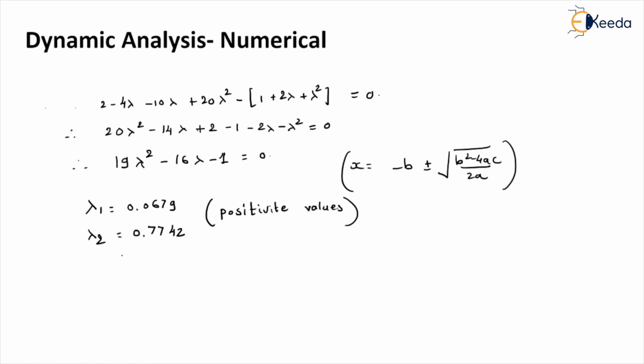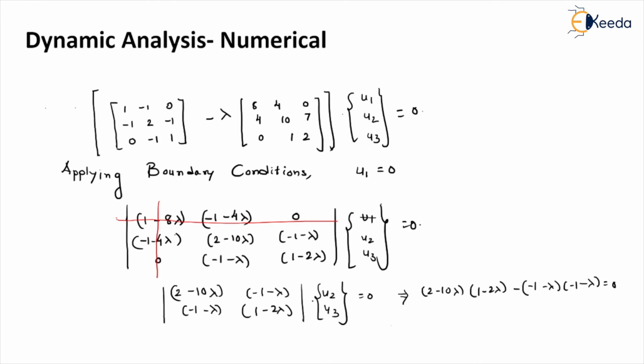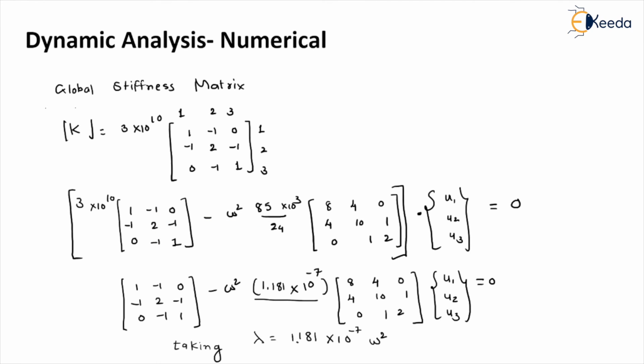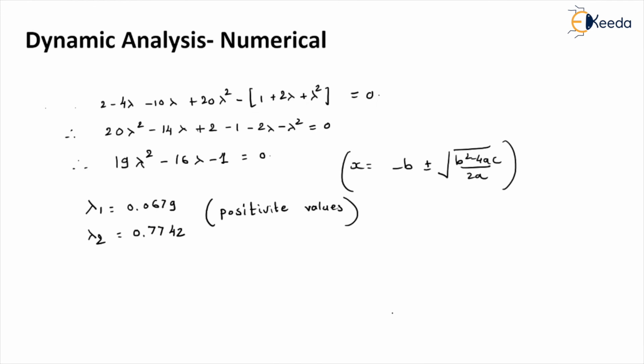So up to the first step we have done. Now we need to find the natural frequency value. So we have taken lambda is equal to 1.181 into 10 raised to minus 7 omega square. So we will put these two values into omega.